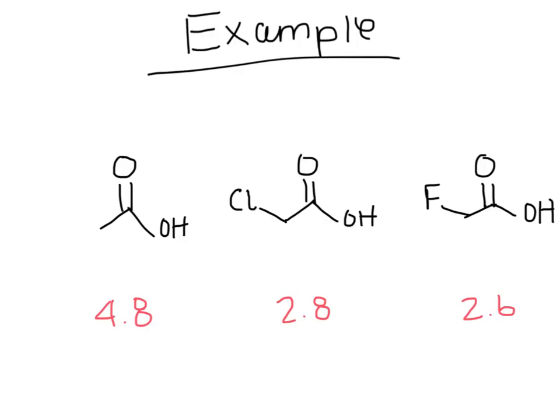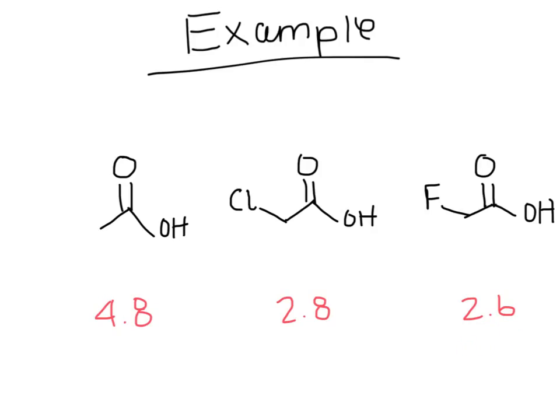So now we will do an example of what I have just explained. Here on the left we have just a carboxylic acid, which has a pKa of 4.8. In the middle here we have a carboxylic acid with a chlorine attached to it, which has a pKa of 2.8. And then finally, all the way to the right, we have a carboxylic acid with a fluorine connected to it, which has a pKa of 2.6.